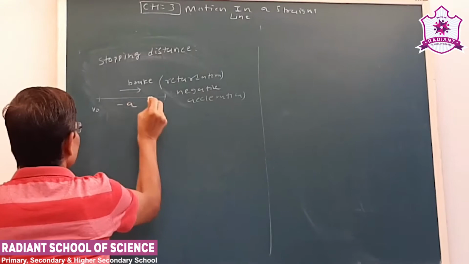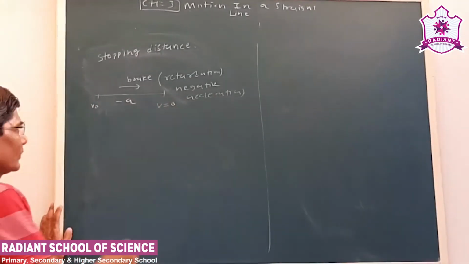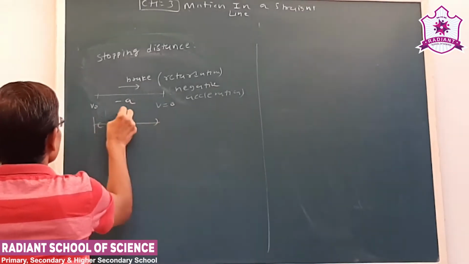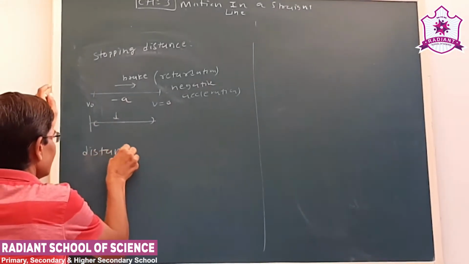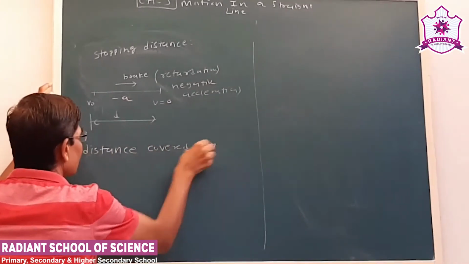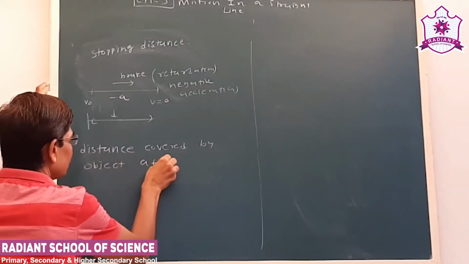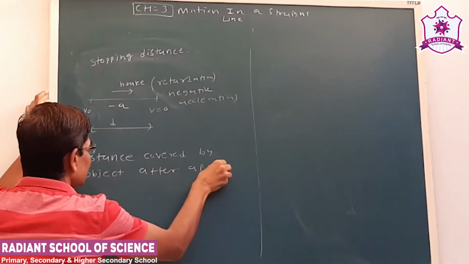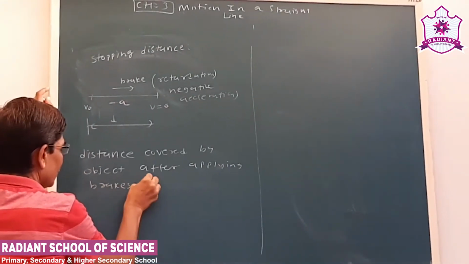So what is the meaning of this? The velocity of the vehicle will decrease, so finally it comes to halt or stop. Let us say the distance covered is d. That is the distance covered by the object after applying brakes.